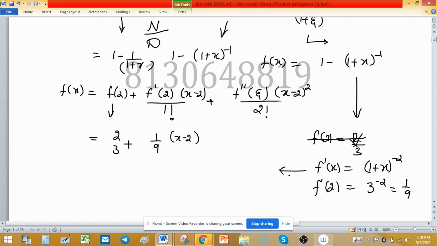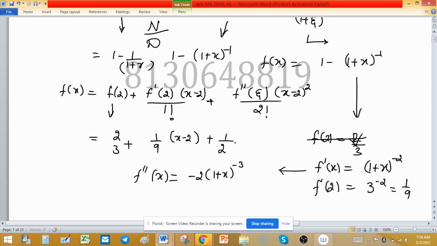This is the first derivative. The second derivative of the function will be minus 2 times (1 plus x) raised to the power minus 3. The 2 factorial in the denominator cancels the 2.